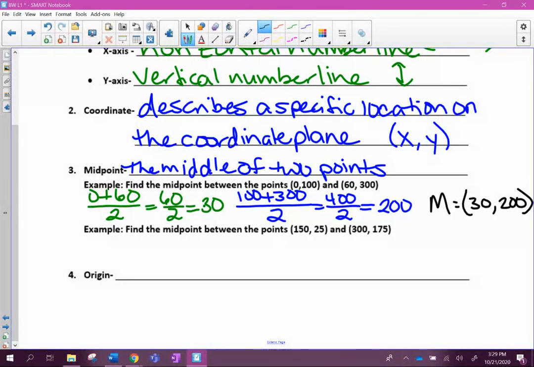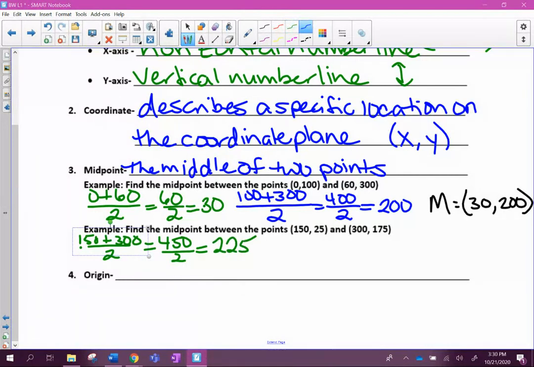Okay, so if I want to find the midpoint between these next 2 points, I'm going to take the average of the x's, so 150 plus 300 divided by 2, and that equals 450 divided by 2, which equals a decimal. No, it doesn't, Miss Joseph. We're going crazy today. 450 divided by 2 is 225.